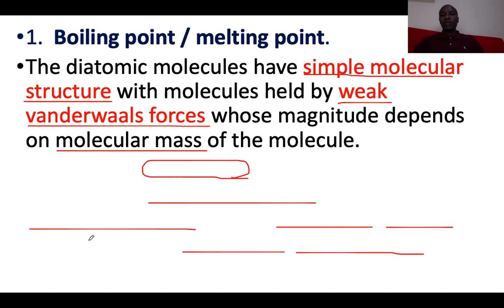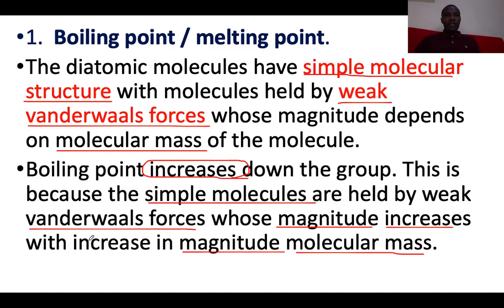They are simple molecules, you know very well, and they have those molecules held by the weak van der Waals forces, whose magnitude depends on the molecular mass of the molecule. So if the molecular mass is increasing, then we expect even the boiling point or the melting point to be increasing.